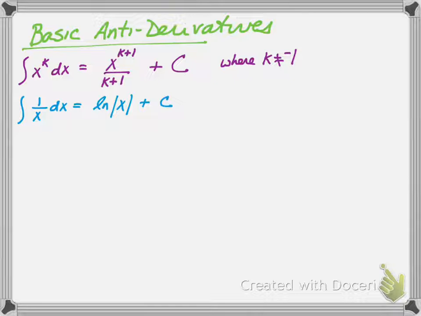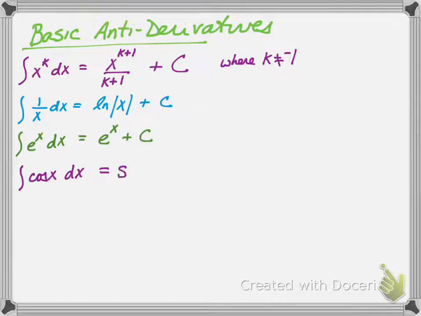The domain of 1 over x is all numbers except for 0, but natural log is restricted to having domains of only positive numbers, and so to make sure that our input is positive, that's why we have an absolute value there. The antiderivative of e to the x is e to the x plus c.